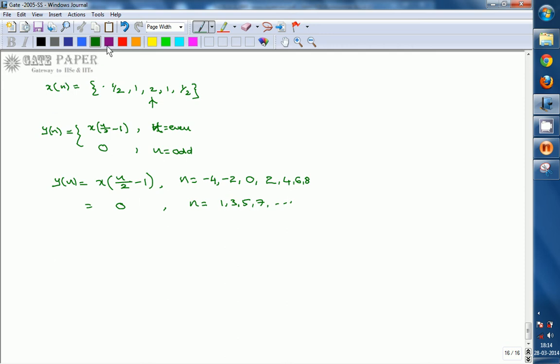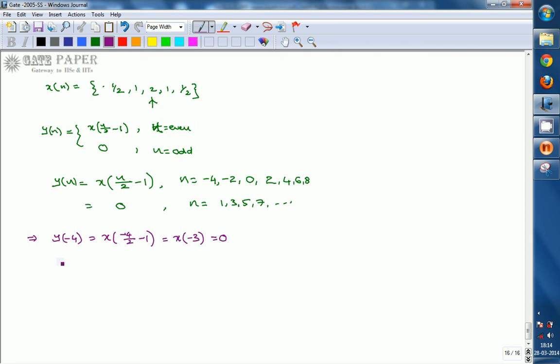So substitute n equals -4 now. Then we will get y of -4 equals x of -4 by 2 -1, that is x of -3. Here we don't have any x of -3 value, so that is equal to 0.